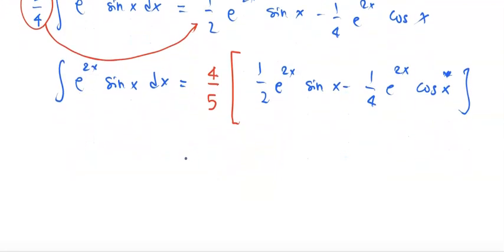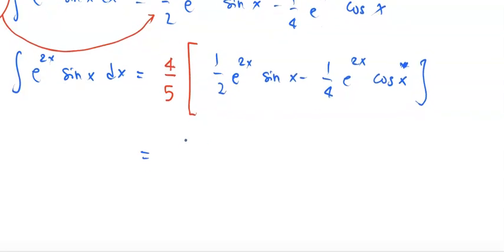So your final answer for this integration will be 4 over 5 times 1 over 2, which gives 2 over 5 e to x sin x minus 1 over 5 e to x cos x.